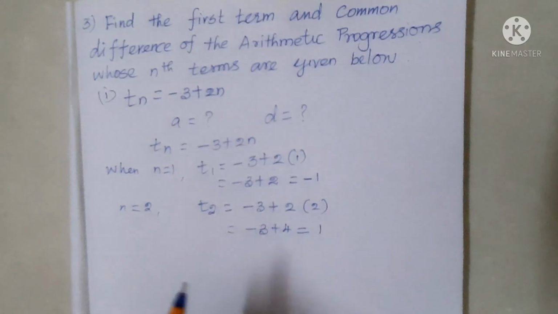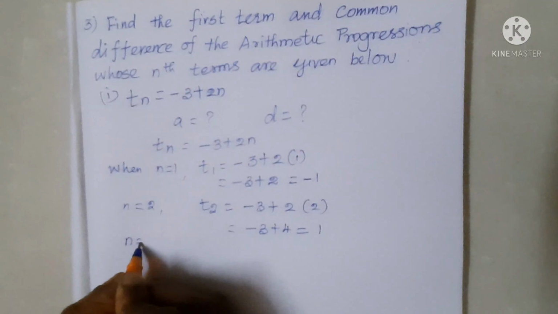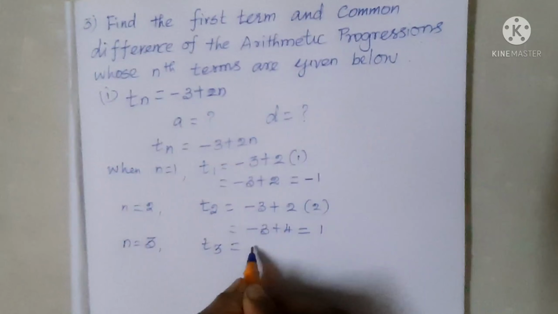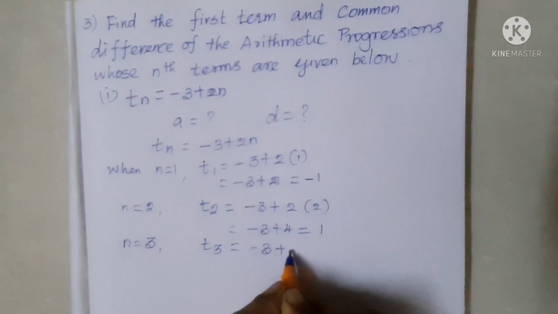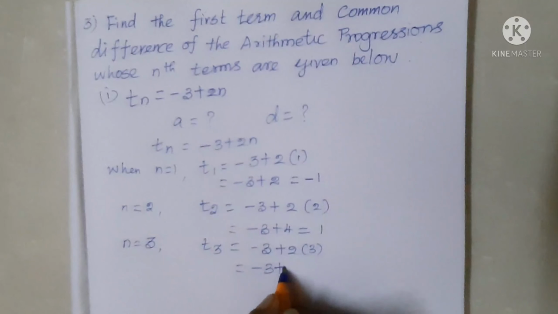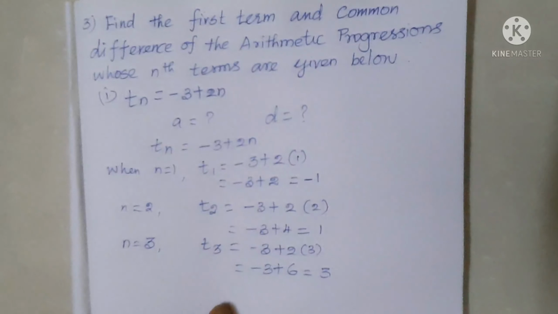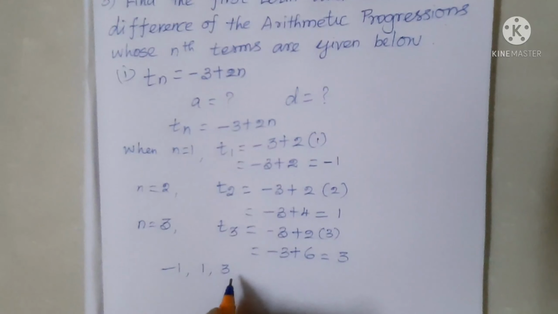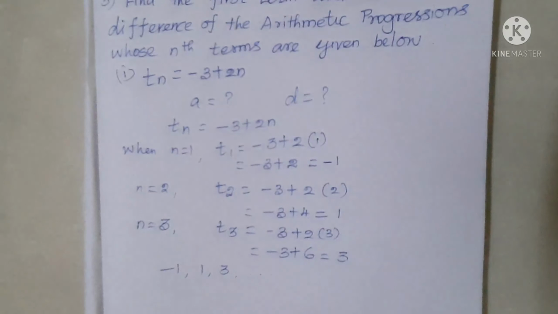Biggest number plus sign, so plus 1. Next one more term you find, that is n equal to 3. So T3 is equal to minus 3 plus 2 into 3, that is minus 3 plus 6. So 6 minus 3 is 3. So now we will get 3 terms, that is minus 1, 1, 3, etc. If you are finding n equal to 4, 5, 6, so put etc.